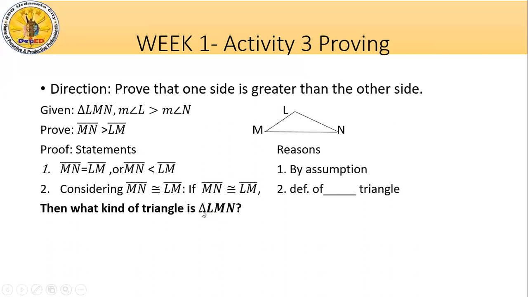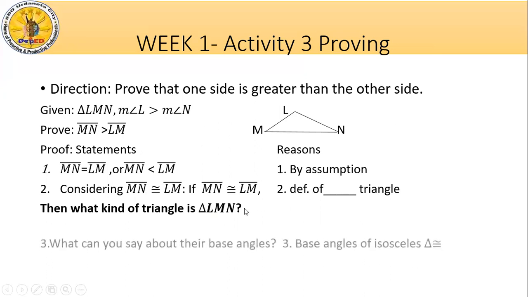So ang sagot nyo, triangle LMN is blank triangle. Anong klasing triangle ito? Dalawa ang congruent sides. So kung ano yung sagot nyo dyan na kind of triangle, yun rin ang ilalagay nyo sa reason number 2. Okay? It's only the kind.